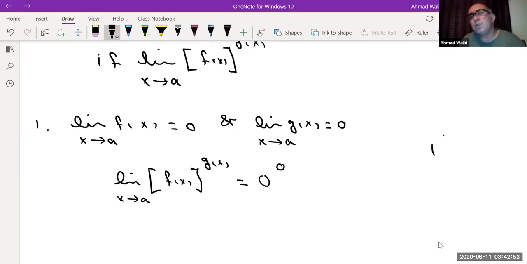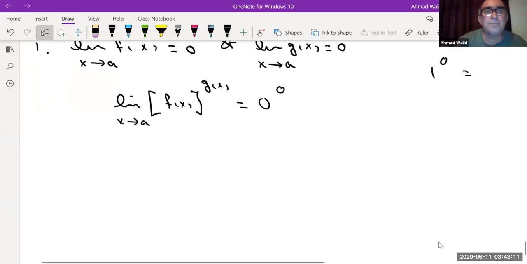Everyone knows 1 to the power of 0 is 1. Any number to the power of 0 is 1. But what is 0 to the power of 0? Don't make the mistake of saying 0 to the power of 0 is also 1. No. 0 to the power of 0, we don't know. That's why it's one of the indeterminate forms, correct?